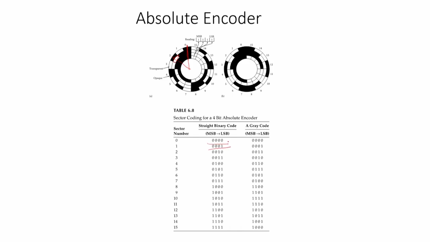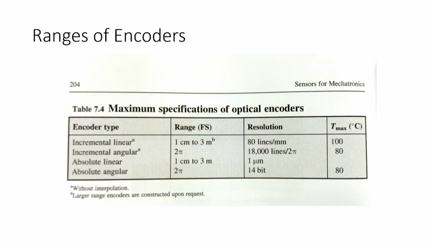Now, the ranges differ between incremental and absolute systems. For angular systems, the incremental is 2 pi, 18,000 lines per 2 pi is the resolution, temperature is 80. The absolute angular system can be measured in terms of the number of bits of the system, and it also works up to 80 degrees centigrade.